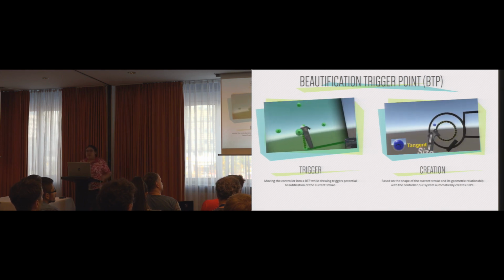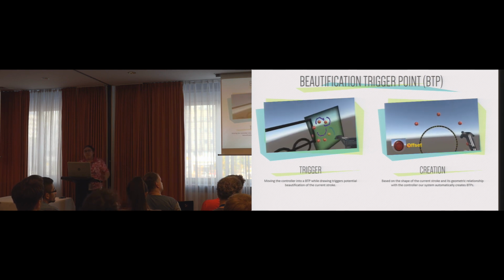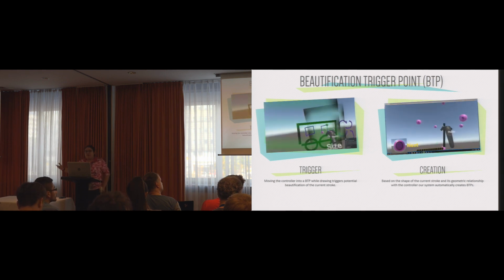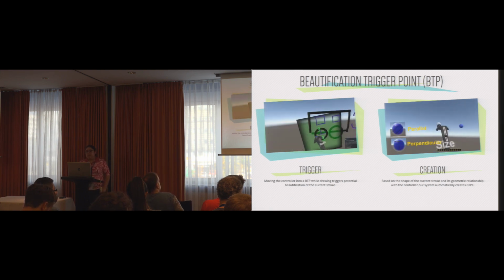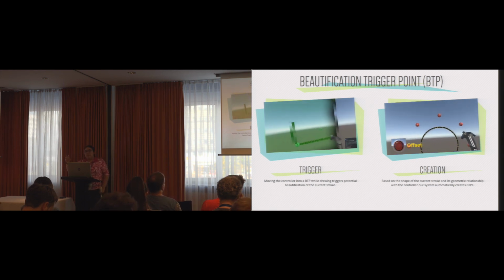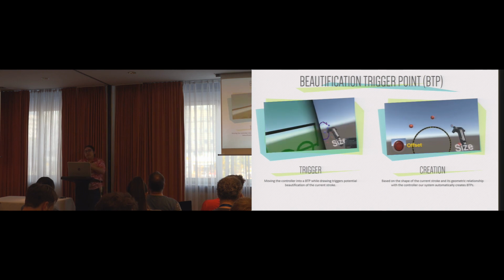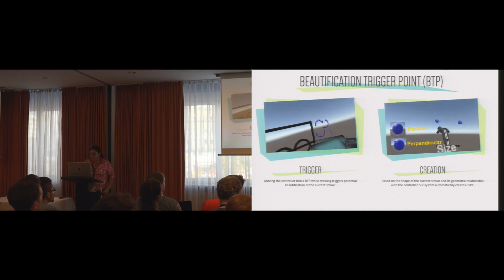And then we use the guide and the snapping 3D model category to know what to show. And these guides, how they work, and you can see them, is when the user is not drawing, they work as endpoints and starting points of the stroke. And when the user is drawing and they get crossed by the controller, they start an automatic beautification.